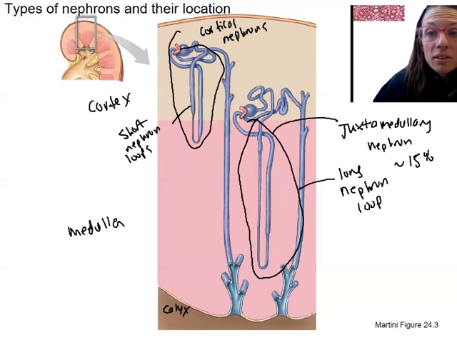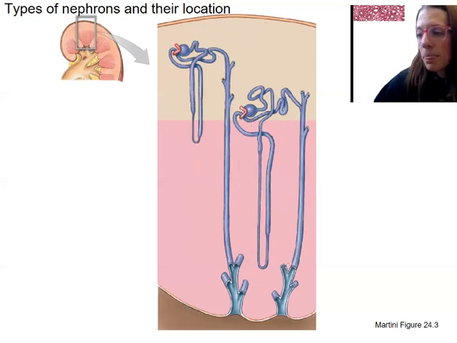Okay, along with the different nephrons, there's different blood vessels that surround each of these. So this is going back to those terms, the peritubular capillaries versus the vasa recta.